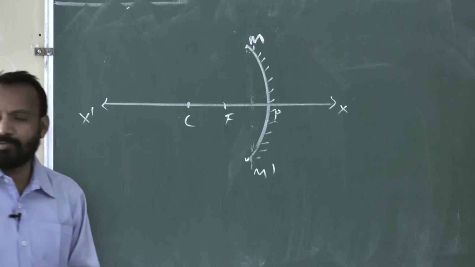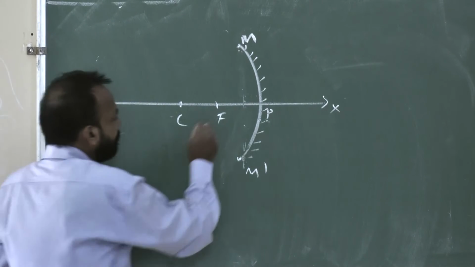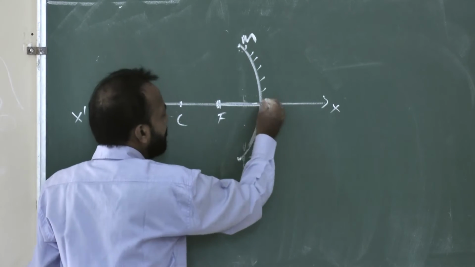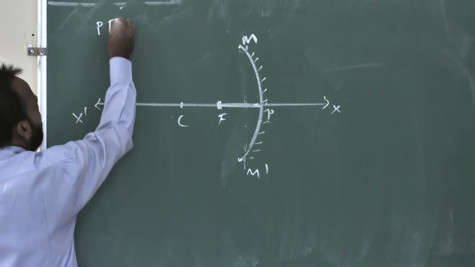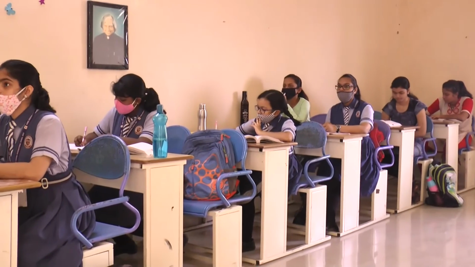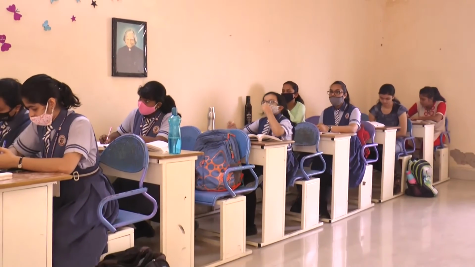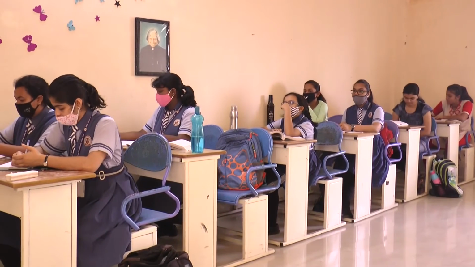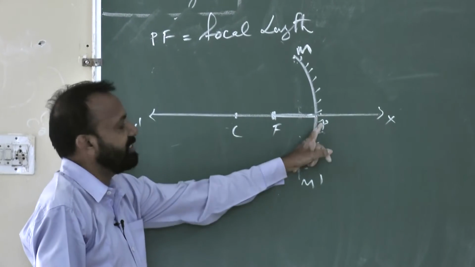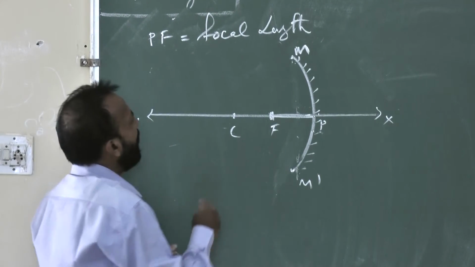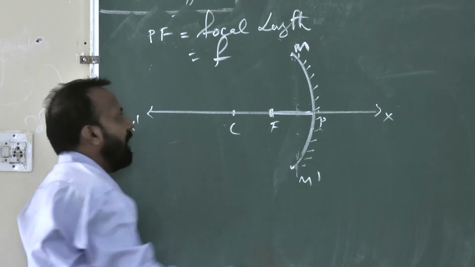How do we use the radius of curvature? Now this part is called PF. I am writing PF is the focal length. We have already discussed all of these individually, and now I am just revising and reminding you. The distance between pole and focus, P and F, is your focal length, symbolically written as small f.